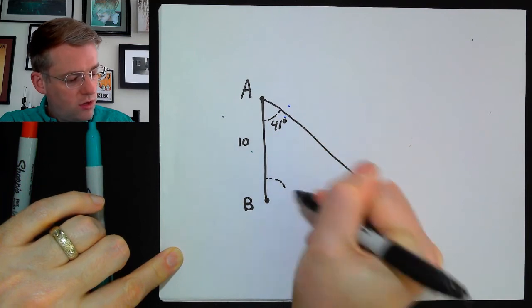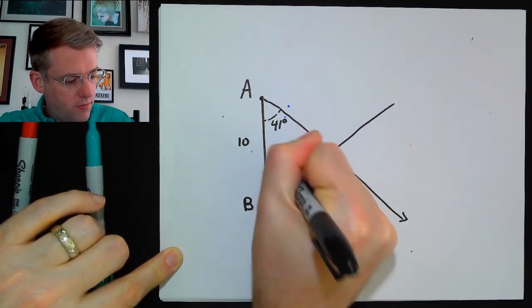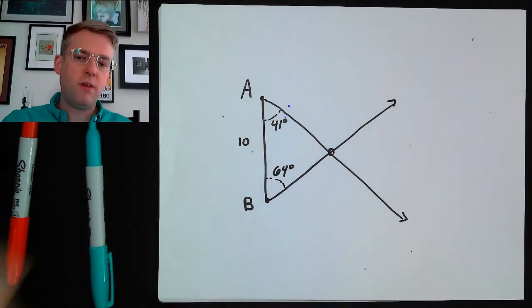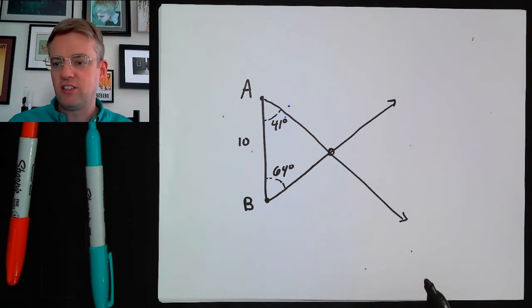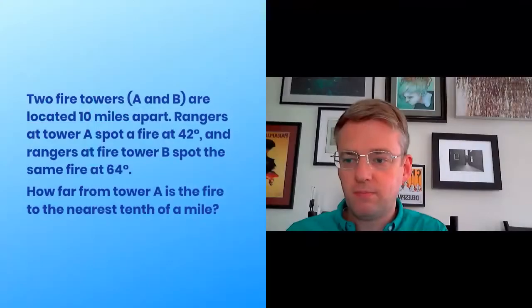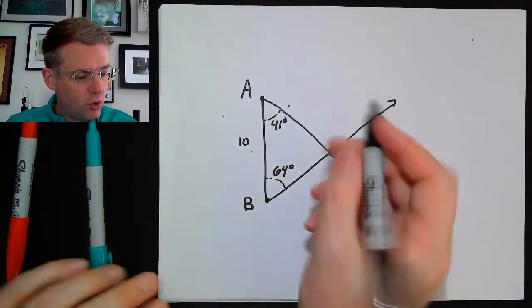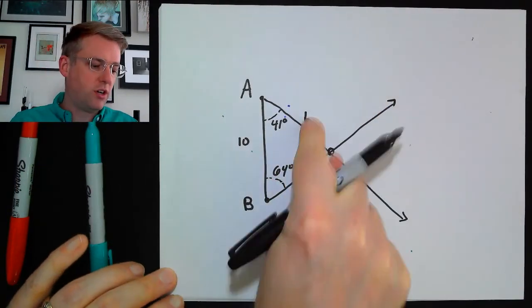So something like that. Where they see the smoke must be right there. So now we're asked to find how far away that is from, I believe it was Watchtower A. Yep, Watchtower A. So we want to know this distance that we would usually call little b.